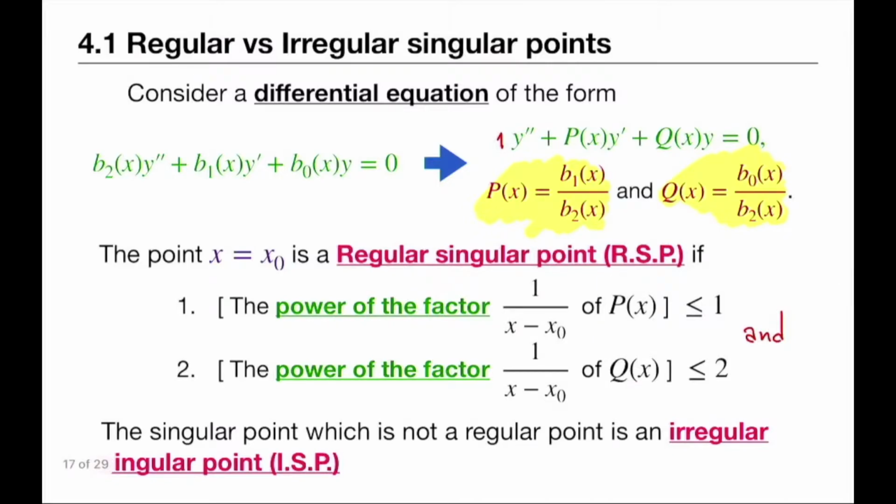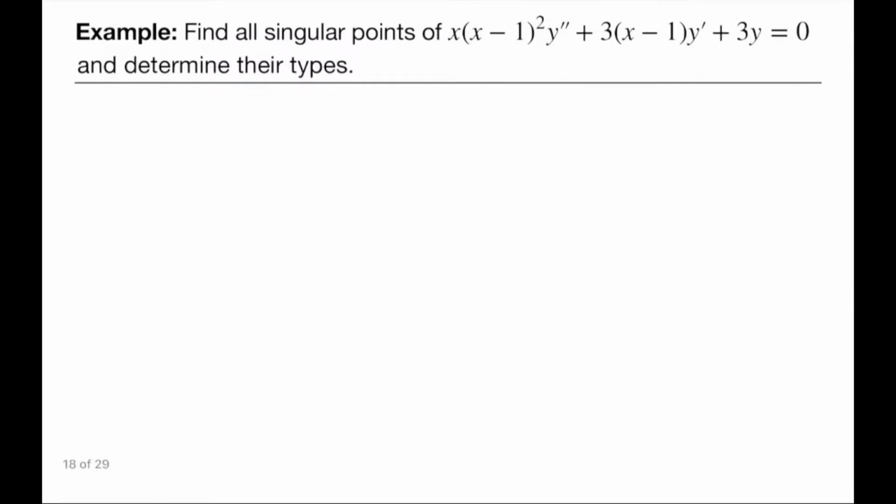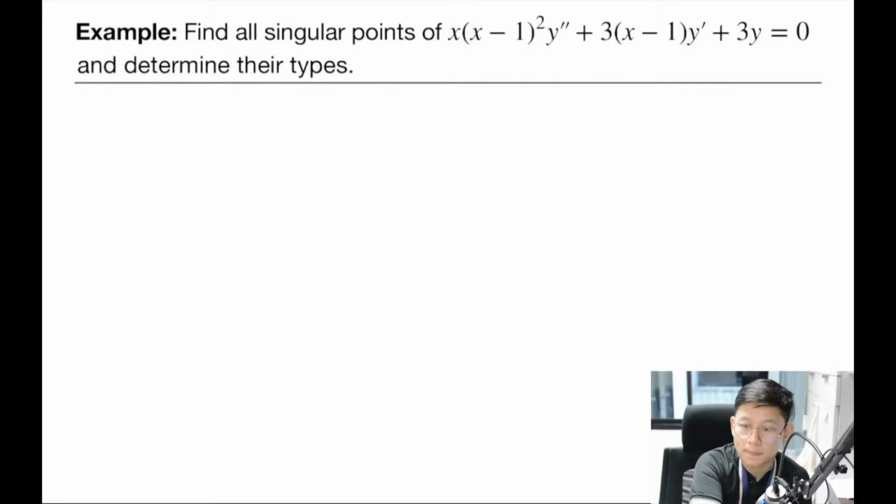For example, let's look at this example here. Find all the singular points of this equation and determine their types. First, I would look at b2(x), which is x minus 1 squared.